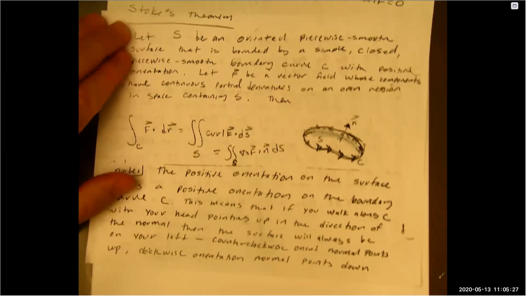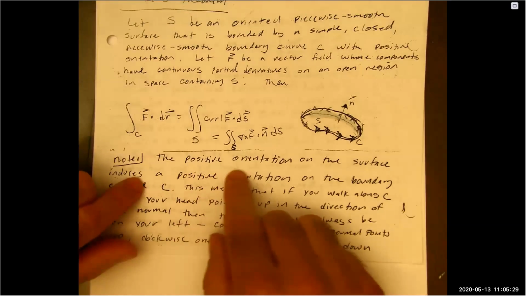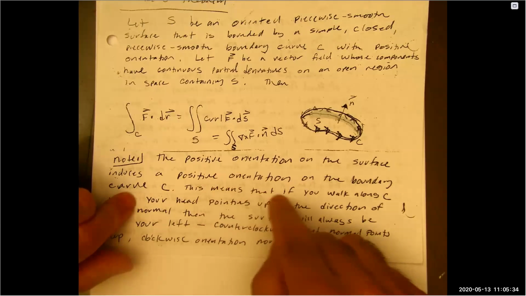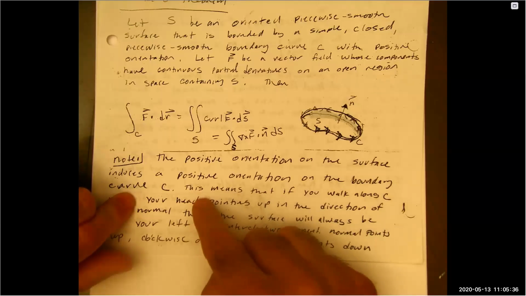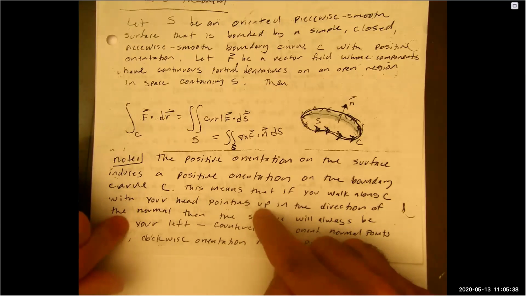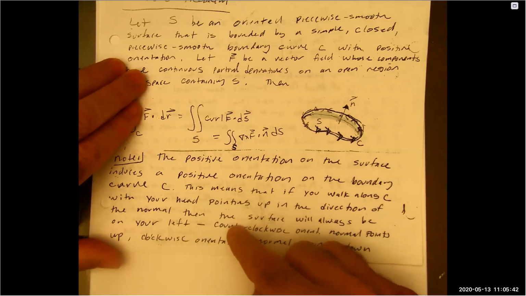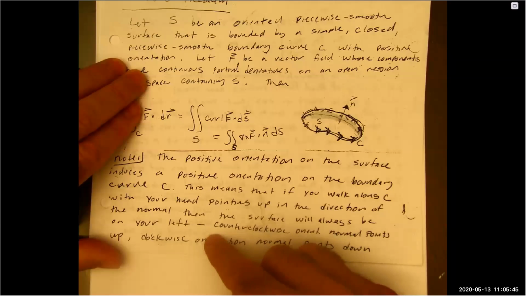And so let's read this note here. The positive orientation on the surface induces a positive orientation on the boundary curve C. This means that if you walk along C with your head pointing up in the direction of the normal, then the surface will always be on your left.